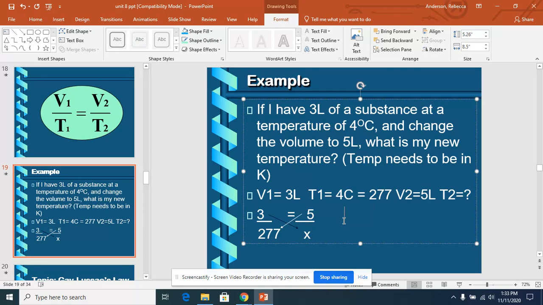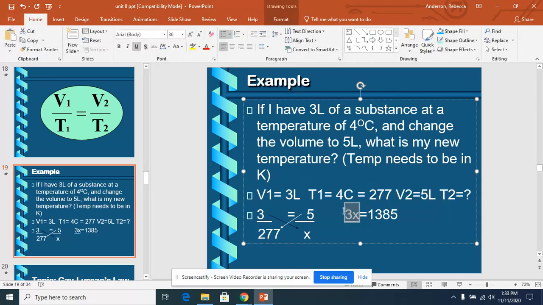So 3 times x is 3x equals 5 times 277. 5 times 277 is 1,385. Okay, so now we need to get x by itself, so we'll do that by dividing by 3.